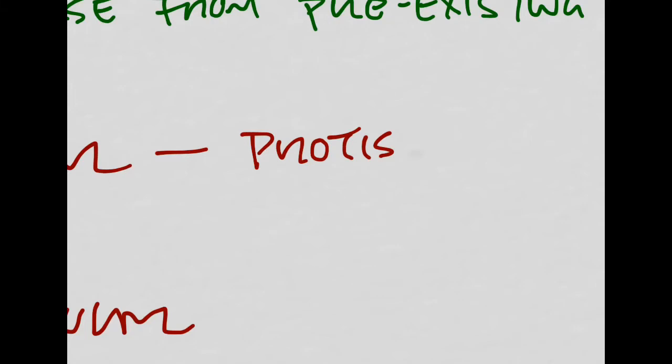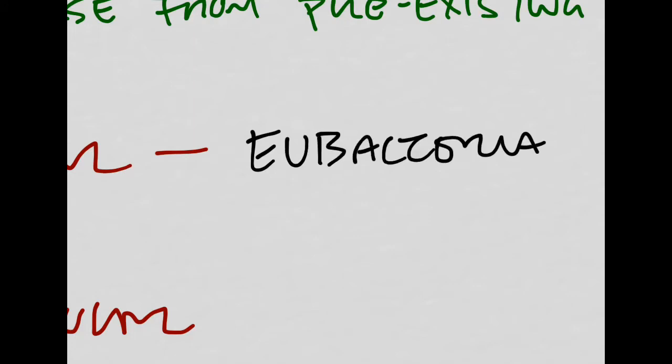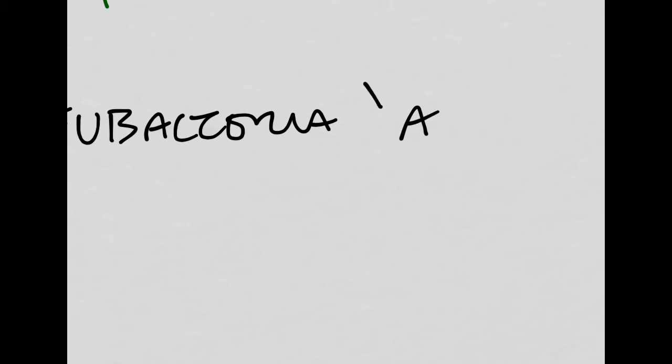oops, I didn't mean that. I'm erasing that. Things that we find in kingdom, where are we going here? Eubacteria and archaea. How do I spell archaea? Shoot. Duh. Hold on a second.